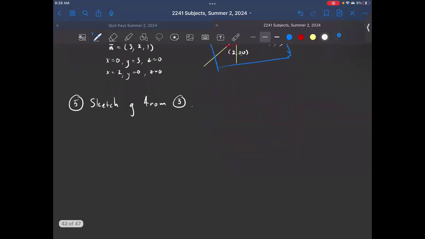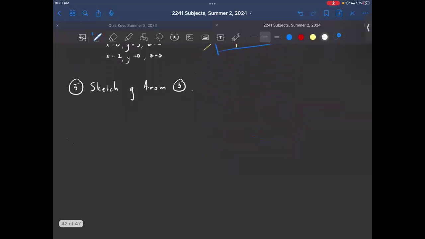All right. Next up, we have another sketch, g from 3. So g of xy is square root of 9 minus x squared minus y squared. Okay, so we already know what the domain of this function looks like. And now I want to sketch its graph. So again, I'm going to need some axes here.